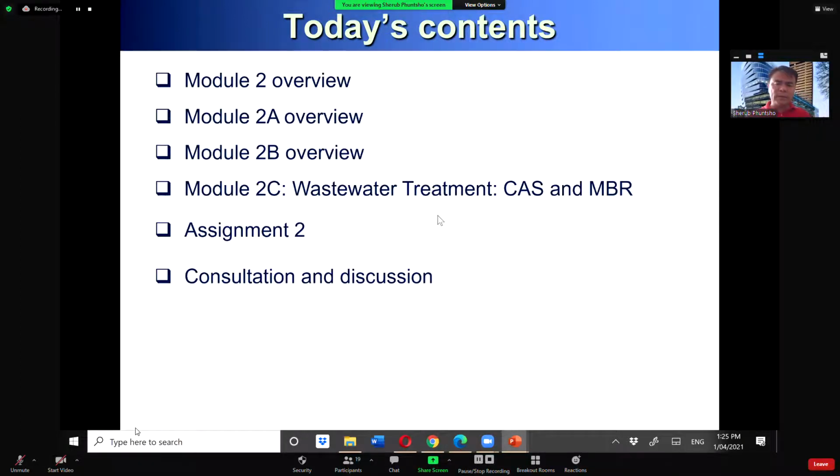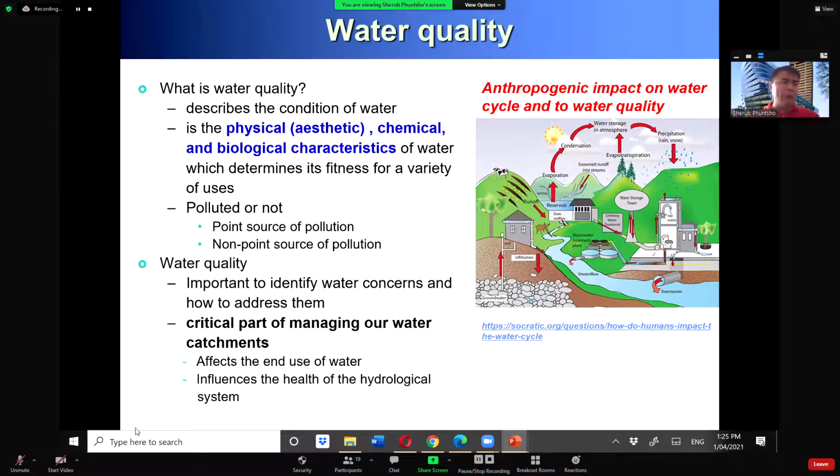Okay, so session 1, which is 2A, was related to water quality.